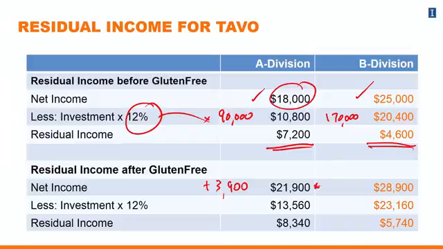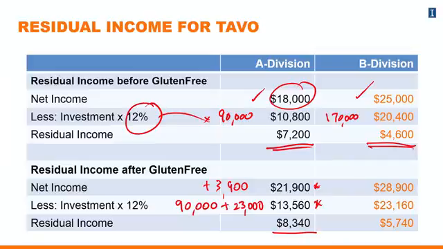The investment base after gluten-free would be $90,000 plus the $23,000 that it was required to purchase the ovens and other equipment to implement this option. That $90,000 plus $23,000 multiplied by the 12% cost of capital rate yields a cost of capital of $13,560, and residual income resulting in $8,340.